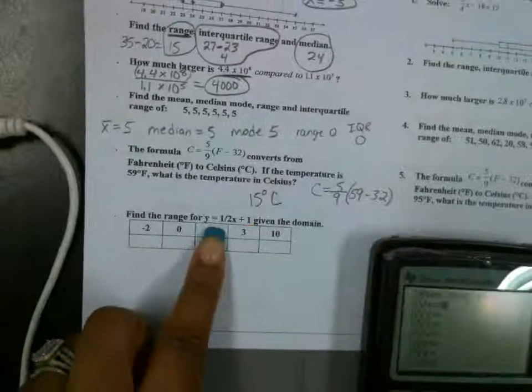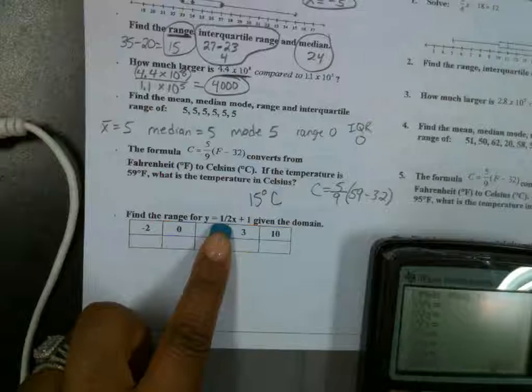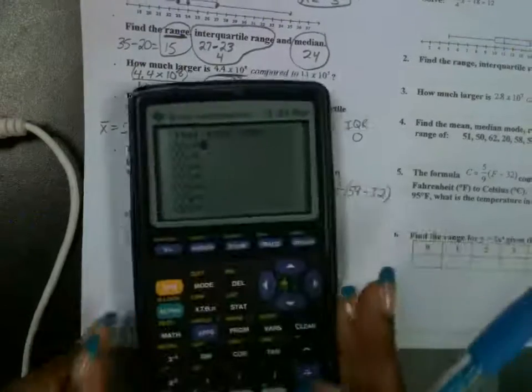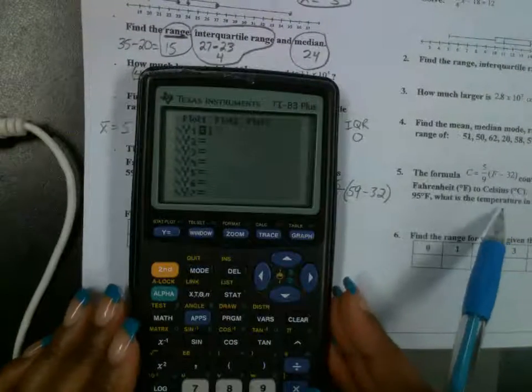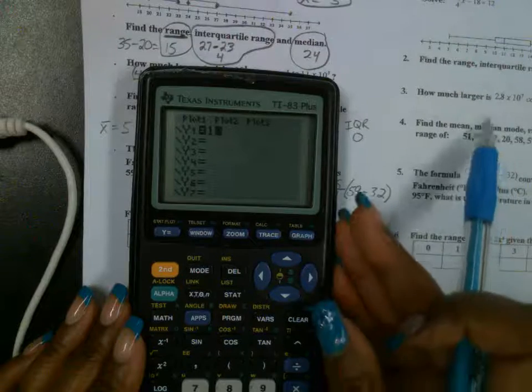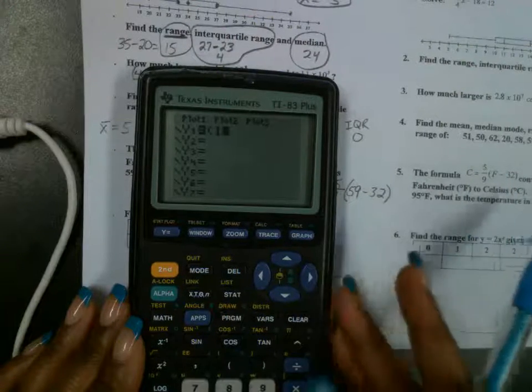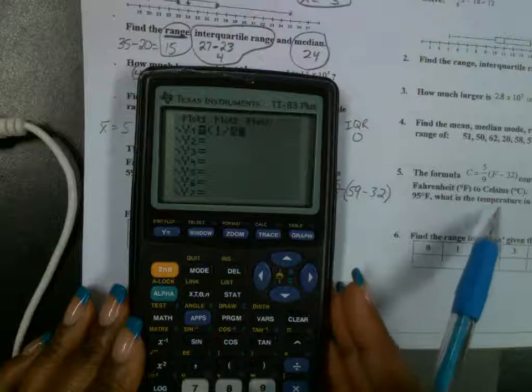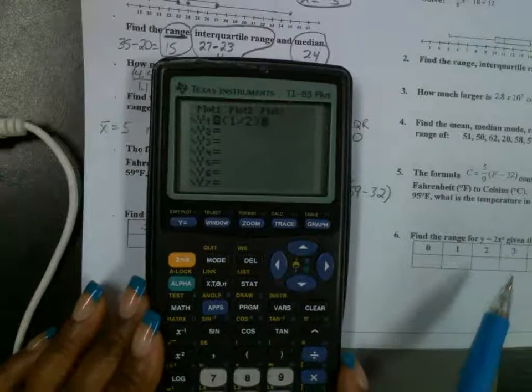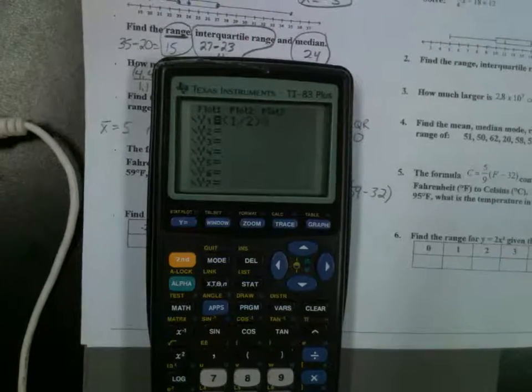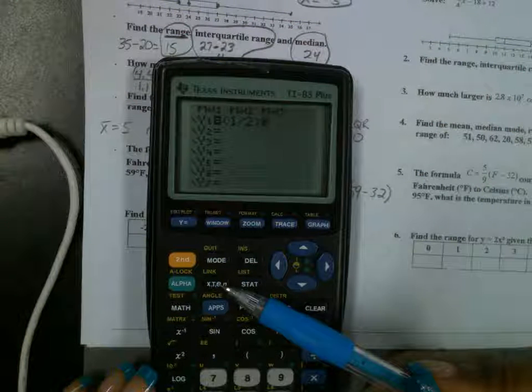The y equals is already there. We're going to type in 1/2 x. So watch Miss Reyes. 1/2 x. Look at where x is located. X is right here beside the green alpha button.